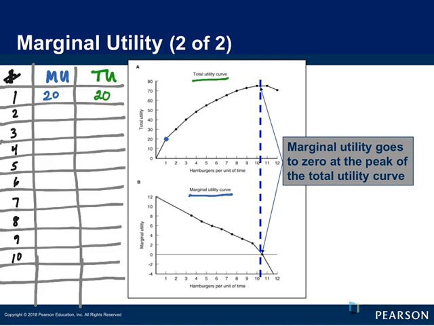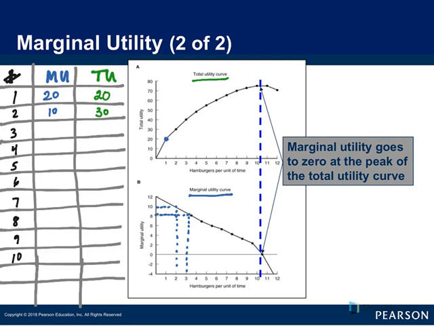When we take a look at burger number 2, and if we went right up this graph, we could see that that's about 10 utility. So if our marginal utility is 10, our total utility is 30. If we look at the next set, we can look up the graph, and the utility of the third hamburger is approximately 8.